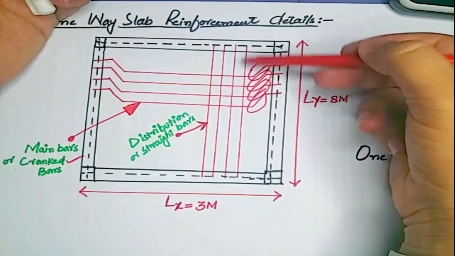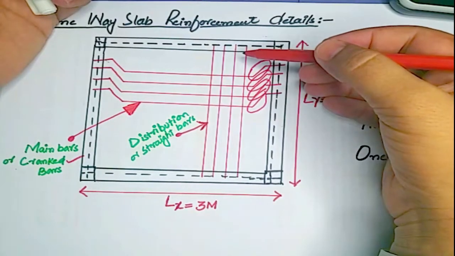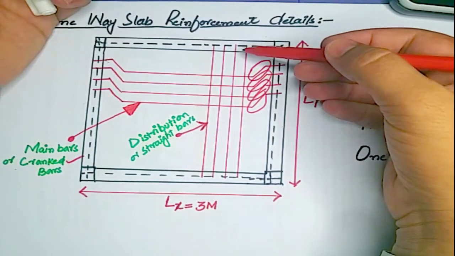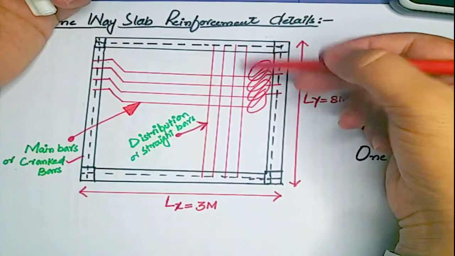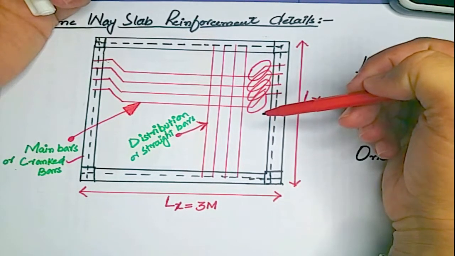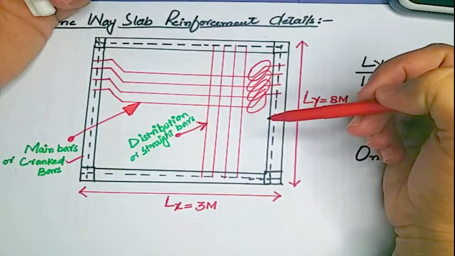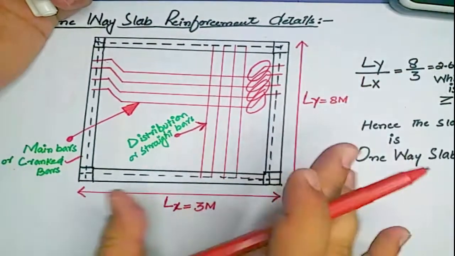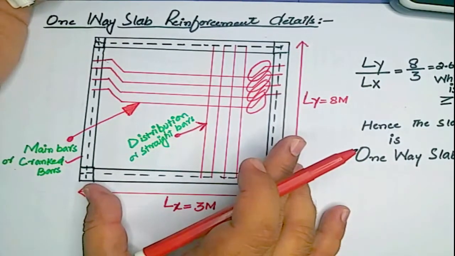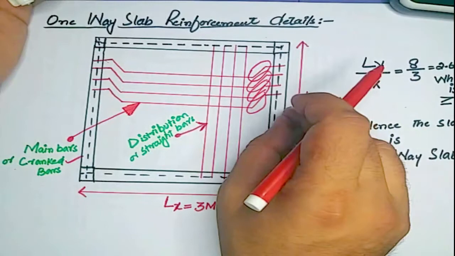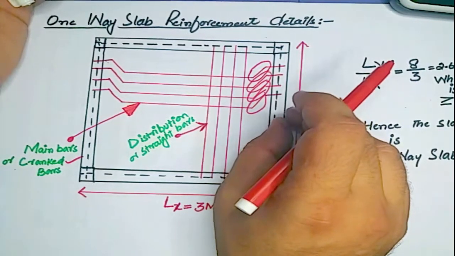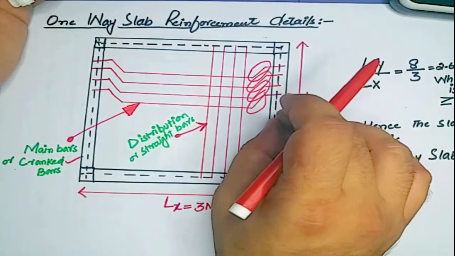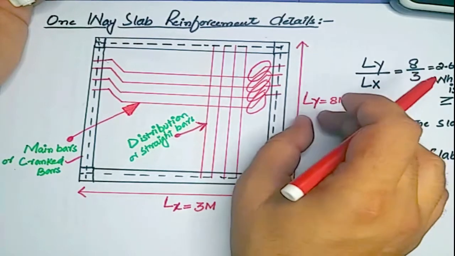So we will provide steel having no bend-up bars, because in a one-way slab the bend-up bar must be provided on the beam sides.